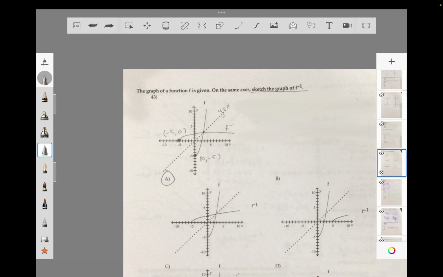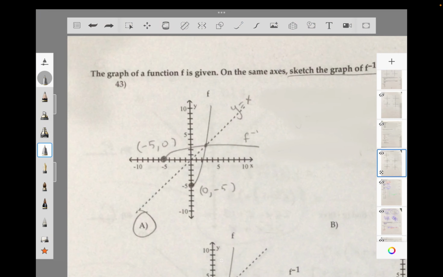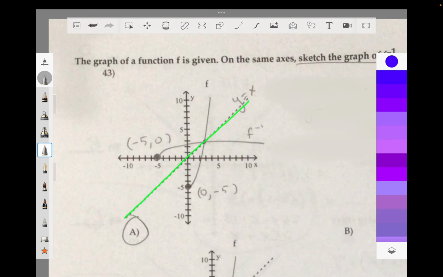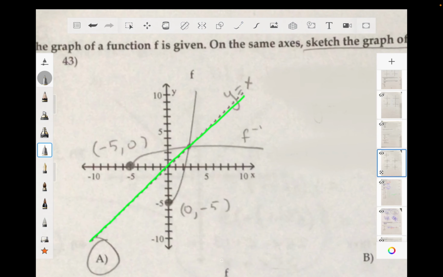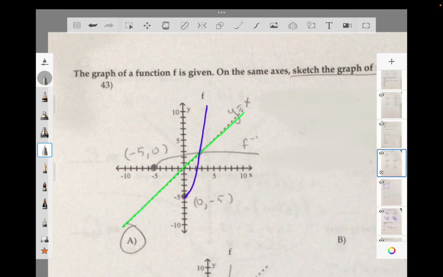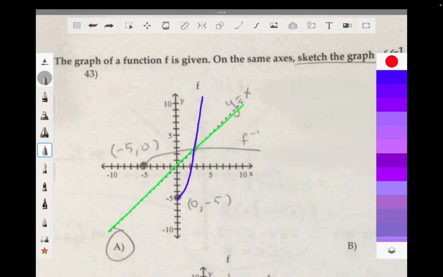For the inverse function, they give you this y equals x line, and then they also give you this f of x. So the inverse of that is just going to be flipped over this green line over here. If you mirror this blue line over the green line, you get this red line here.